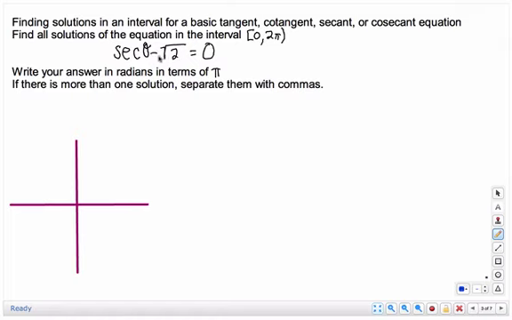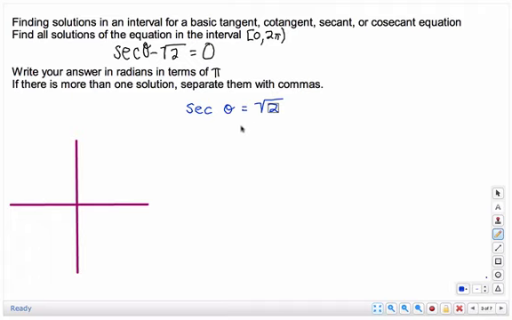So we want to move the minus square root of 2 over. We do that just like if it was x minus 3, you would add 3 to both sides to get x by itself. Same idea here. So we're going to add the square root of 2 to both sides, and we get secant of theta equals the square root of 2.